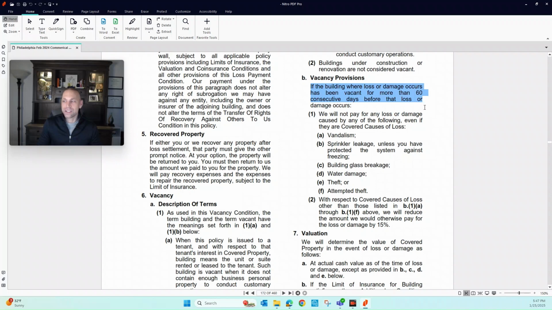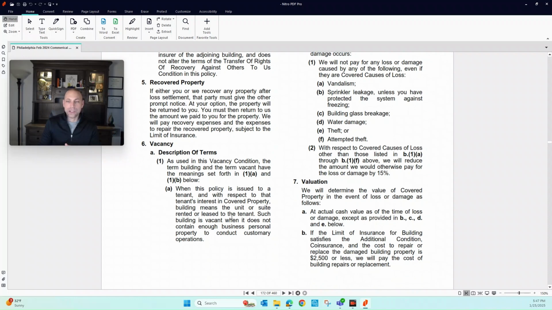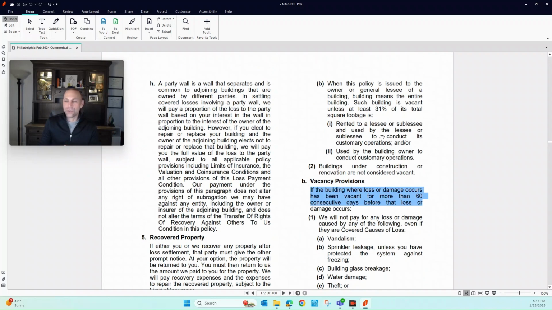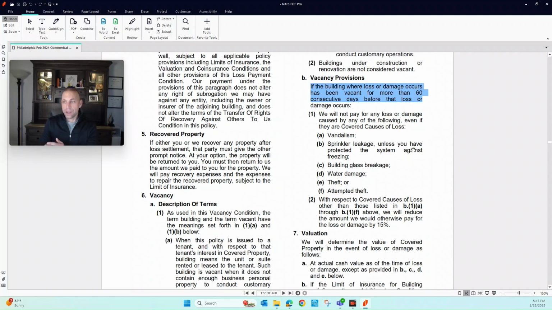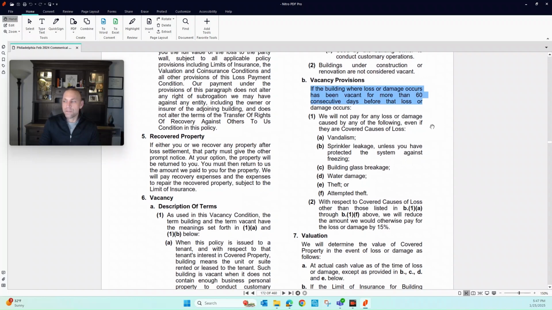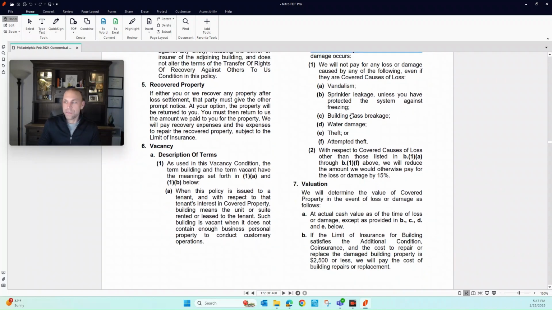If it's been vacant for more than 60 days, and remember, vacant they defined as not enough property in there to conduct business as a tenant, not 31% occupied, and it's for 60 consecutive days or longer, the insurance company will not pay for loss or damage caused by the following types of events: vandalism, sprinkler leakage, that's the overhead sprinklers, not the lawn sprinklers, building glass breakage, water damage, which is big. Pipes burst, faucets run, leaks happen.